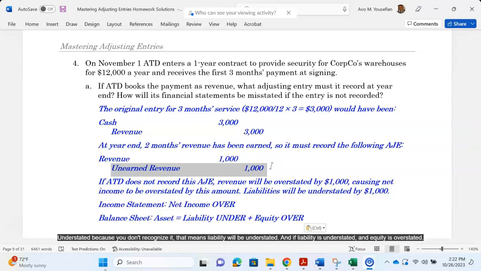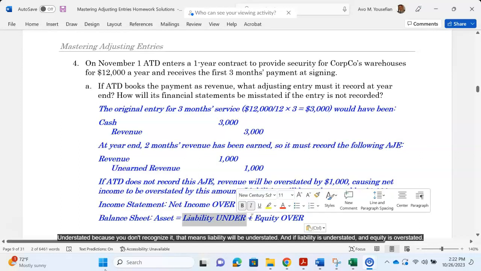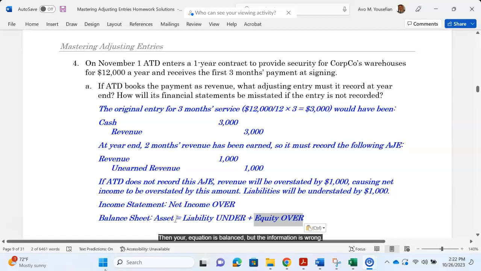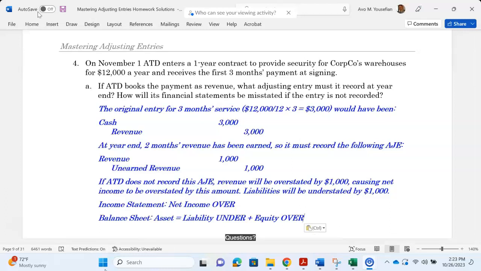And if liability is understated and equity is overstated, then your equation is balanced, but the information is wrong. So net income will be overstated, and if net income is overstated, that means the retained earning in the equity will be overstated. And if you don't recognize the liability, liability will be understated. Questions?